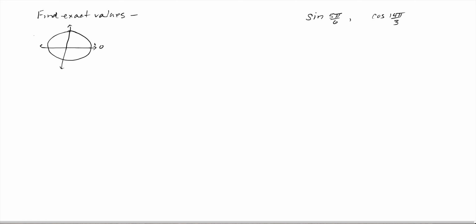So 0, 90 degrees, or pi over 2 radians, 180 degrees, or pi radians, 270 degrees, or 3 pi over 2 radians. And we'd be back to 360 degrees, which would be the same as 2 pi.